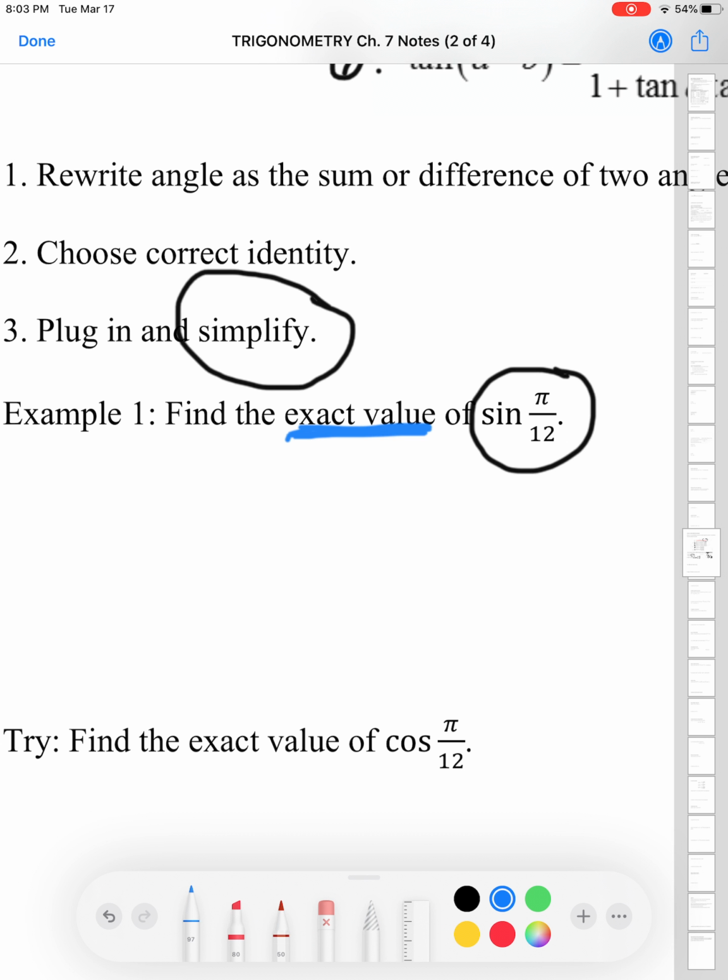So what we want to do is think, how can we rewrite just pi over 12? Forget about the sine for right now. How can we rewrite pi over 12? Since this is in radians, we only want to think about pi over 6, pi over 4, pi over 3, pi over 2, pi, those radian measures. Usually we jump to pi over 3, pi over 4, and pi over 6.